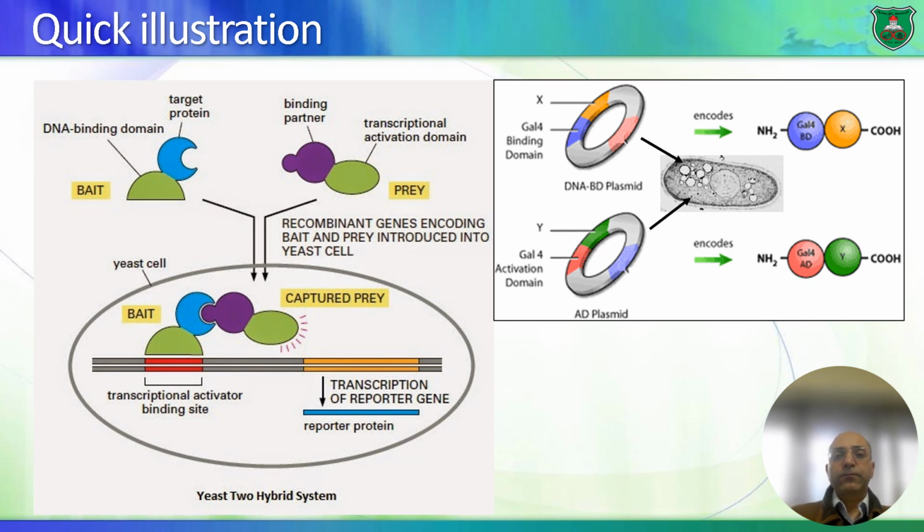Got it? So we have these two possibilities. Either X interacts with Y, a blue colony, or X does not interact with Y, a white colony.